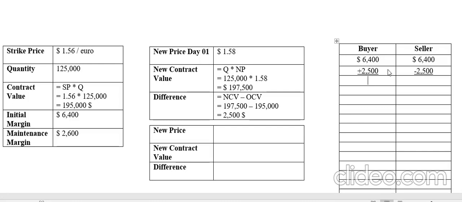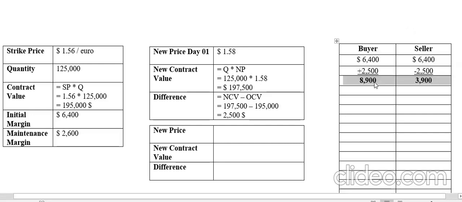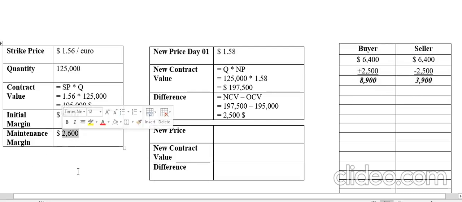So 6,400 plus 2,500 will become $8,900, whereas 6,400 minus 2,500 would become $3,900. Now, at the end of the day, once we are done with the remaining balance, we will compare the remaining balance with the maintenance margin.